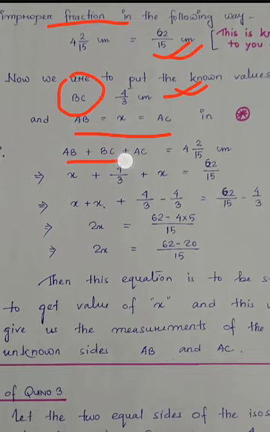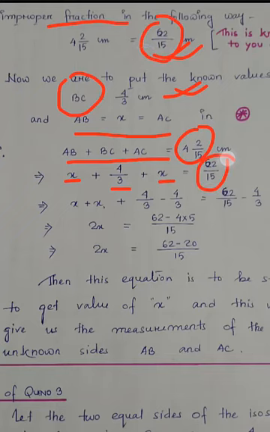Therefore, in this formula for the perimeter, the sum of these three sides equals this value. So in place of AB I put x, in place of AC I put x, and in place of BC I put the known value 4 by 3. While the value we got for the mixed fraction, 62 by 15, is on the right hand side.